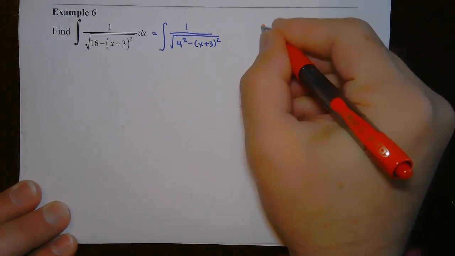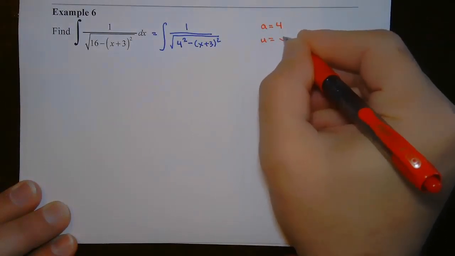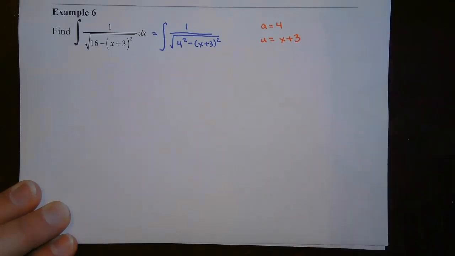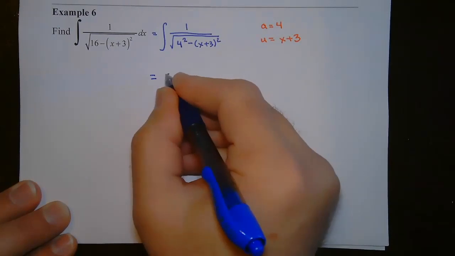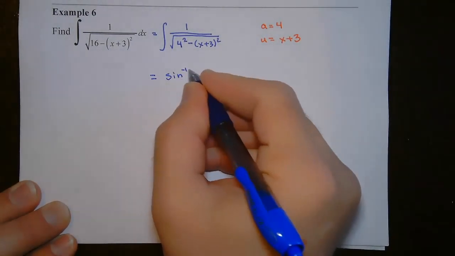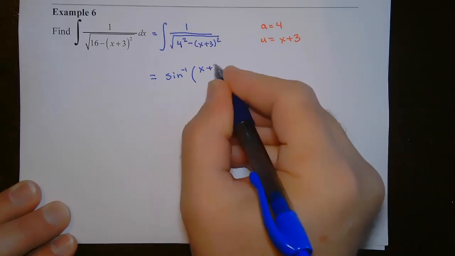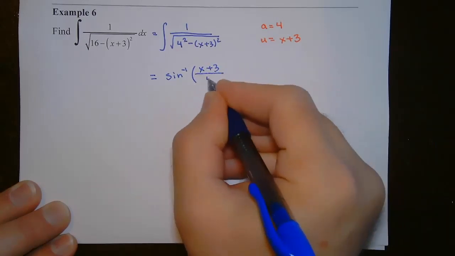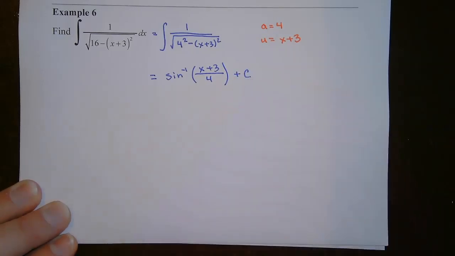And so a is going to be 4, and our u is going to be x plus 3. So this is equivalent to sine inverse of your u, which is x plus 3, over a, which is 4, plus some constant c. Now that's the answer to this.